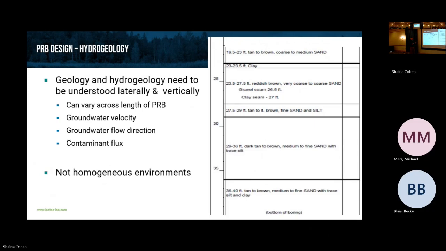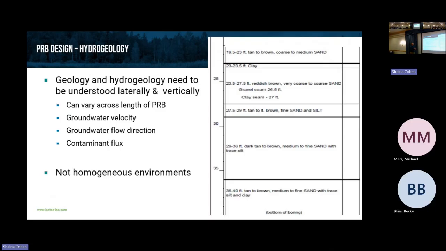Touching on some variability within a PRB, just a reminder that geology and hydrogeology are very heterogeneous in the subsurface, even on sites where we think it's relatively homogeneous. This is from a boring log on Cape Cod, where we typically assume it's beach sands.